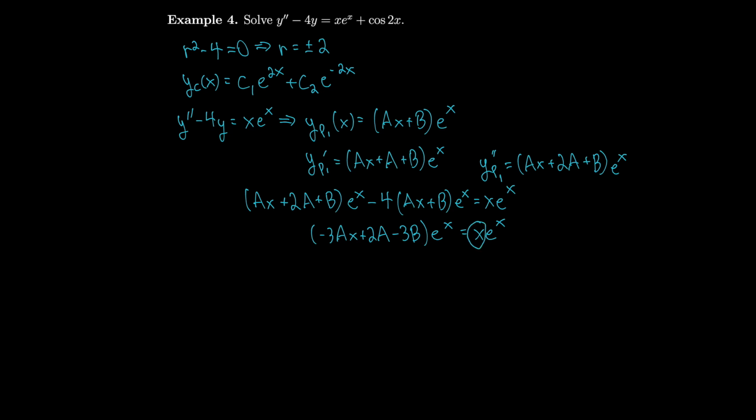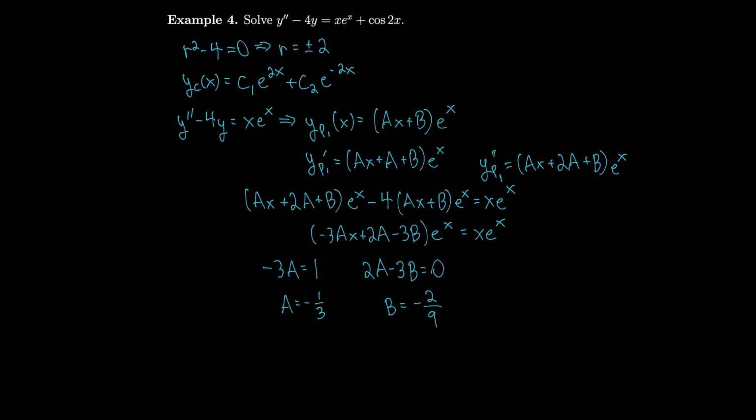This x has a coefficient of 1, so that means that this must be 1 and this must be 0 in order for it to match. So that means that we have -3a equal to 1, and we have 2a - 3b equal to 0. So that means that a should be -1/3 and b should be -2/9.